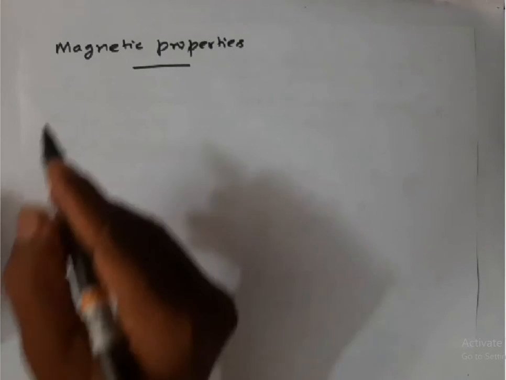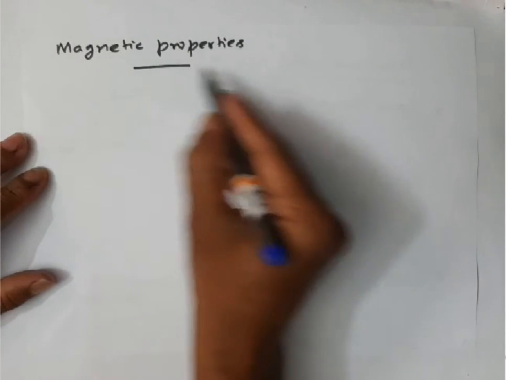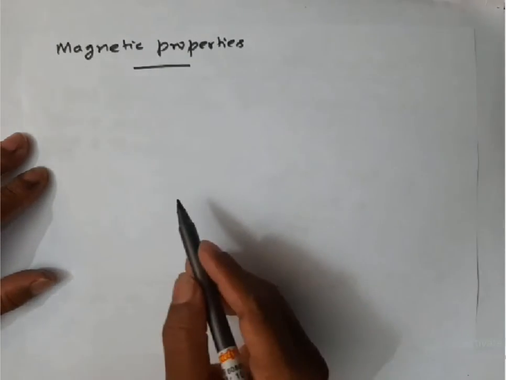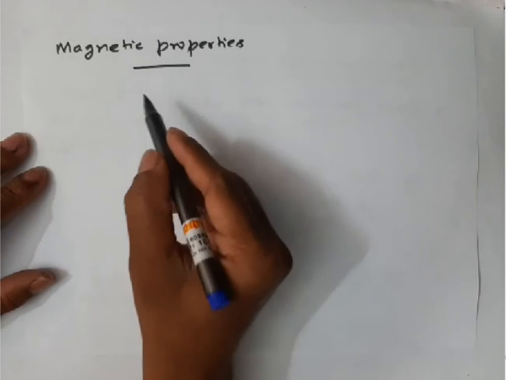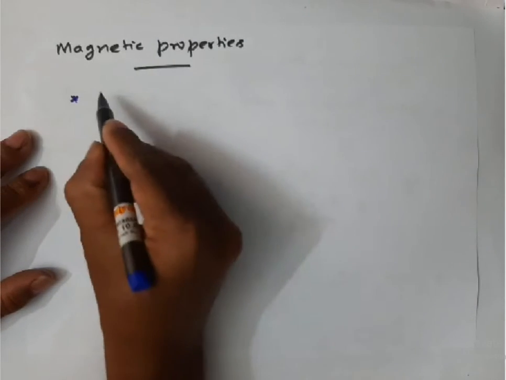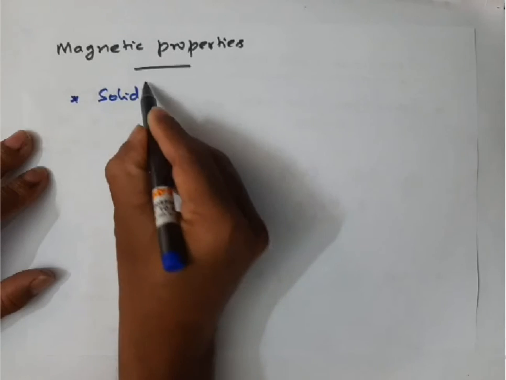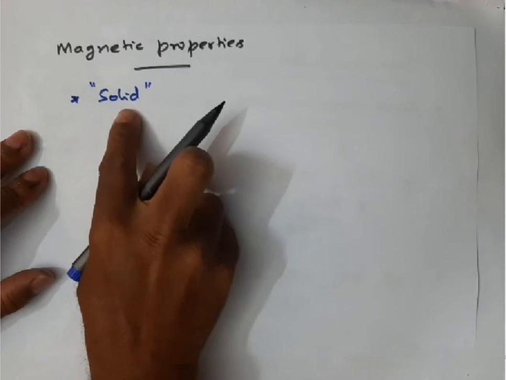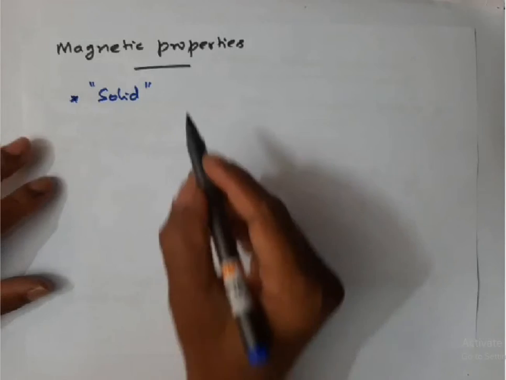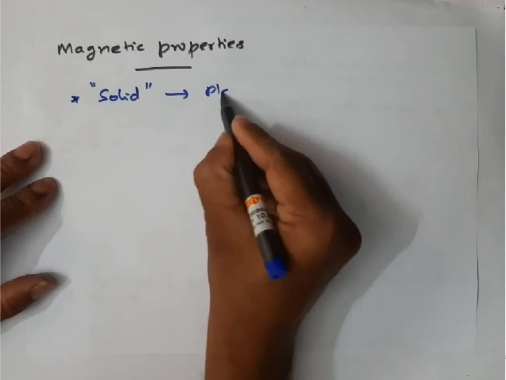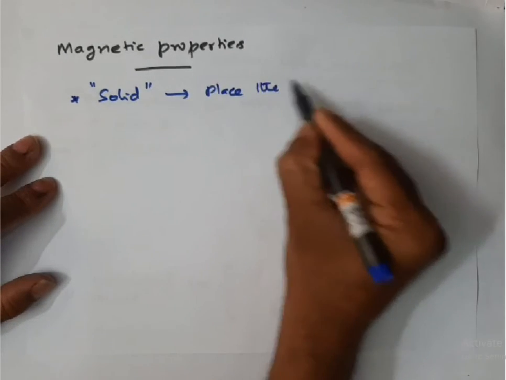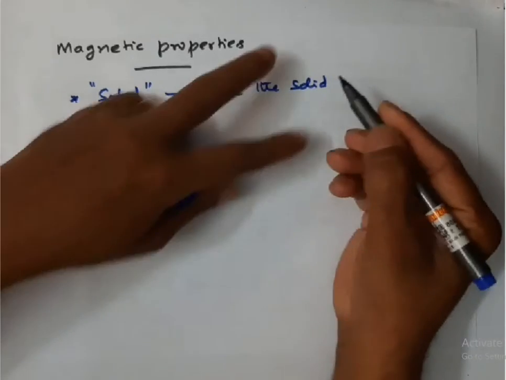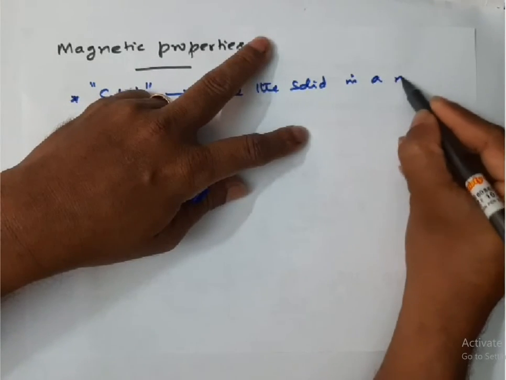So if you want to study the magnetic properties of solids, suppose I want to study the magnetic property of some solid, what you have to do: place the solid in a magnetic field.